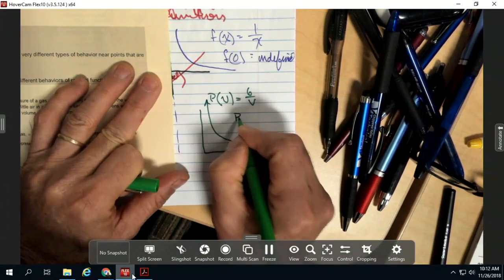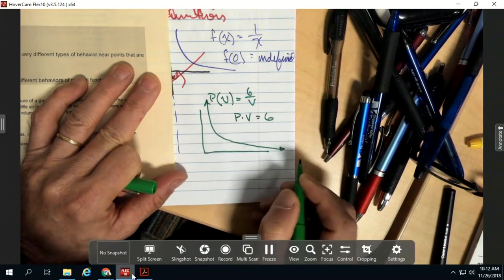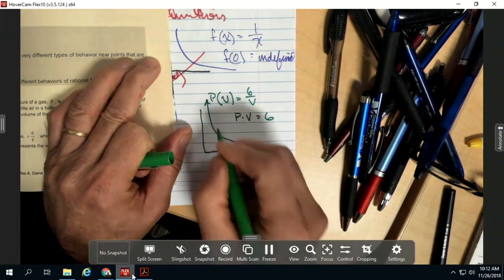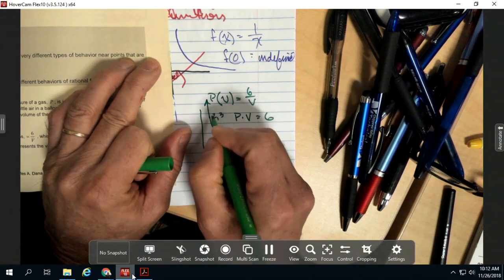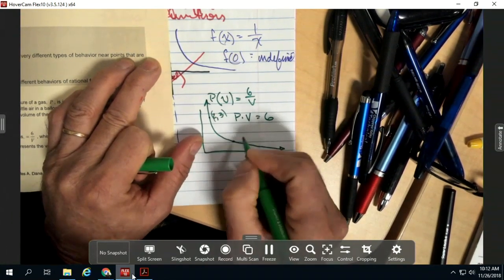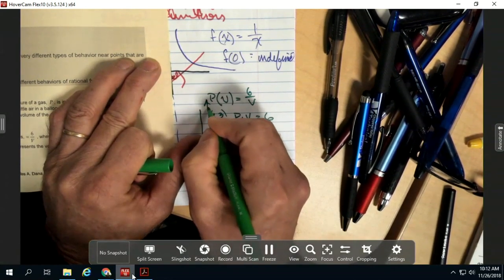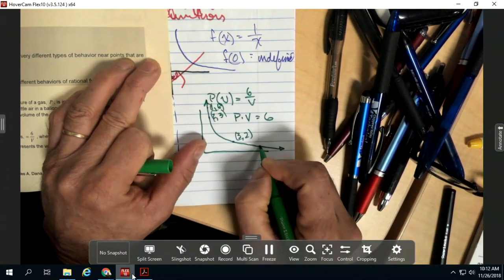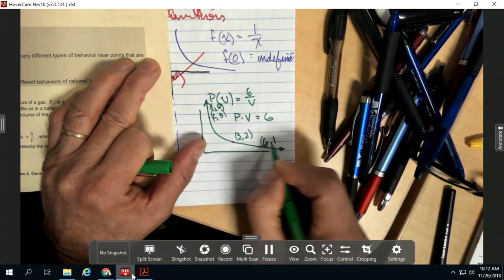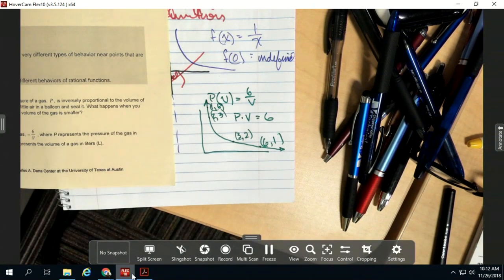In other words, the pressure times the volume is always going to be 6. So we will go through the point over 2 up 3, and the point over 3 up 2. We will go through the point over 1 up 6, and the point over 6 up 1. Got it? So it's going to be a graph like that.